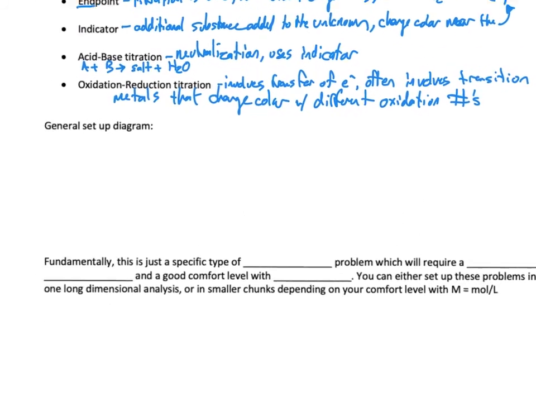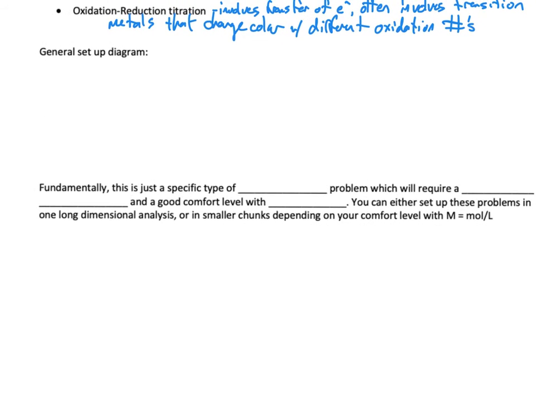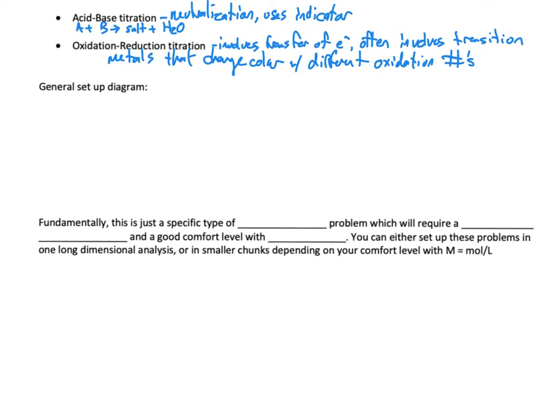So there is a general diagram in the chapter itself, but I just wanted to make sure that we were clear on what it is we were going to be looking at in the lab. So you are going to have a ring stand of some sort, and the ring stand is going to be holding your burette.